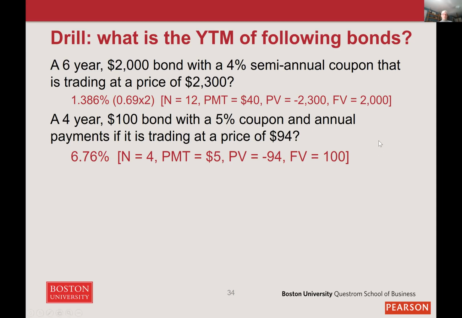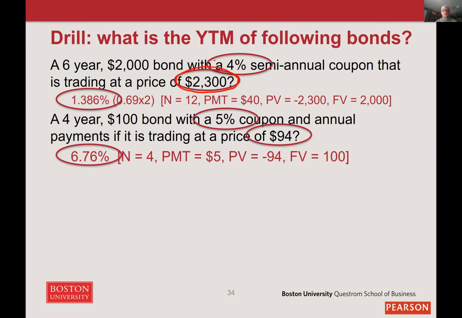So one thing to observe here that we did intentionally is that this first bond has a 4% coupon and its yield to maturity is only 1.386%. So it is selling for more than the face value.